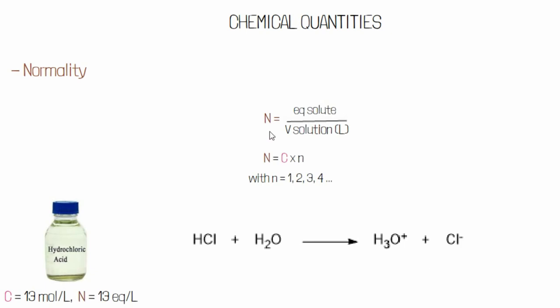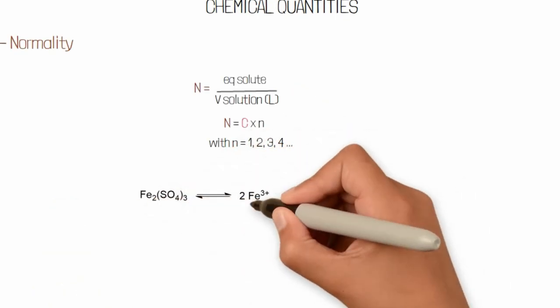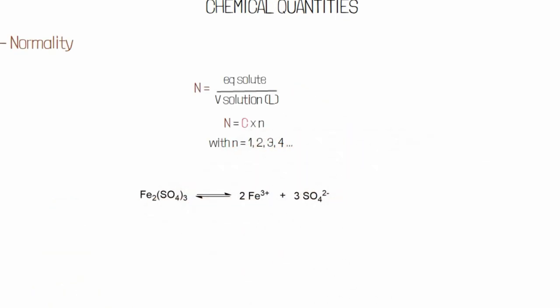Let's take another example in which the normality will be different from the molarity. For example, let's take this iron salt. This iron salt is made of 2 iron cations and 3 sulfate anions, okay? The iron is charged 3 plus and the sulfate is known to be charged 2 minus.